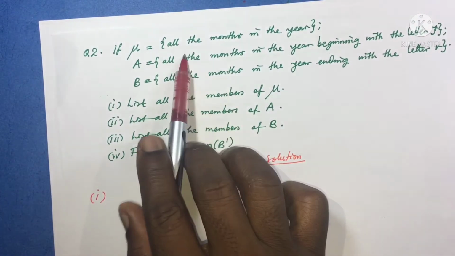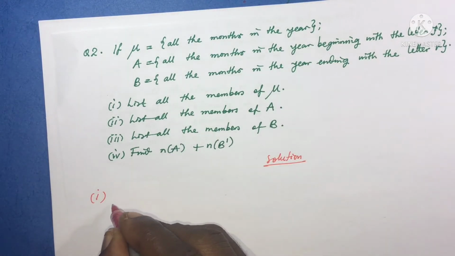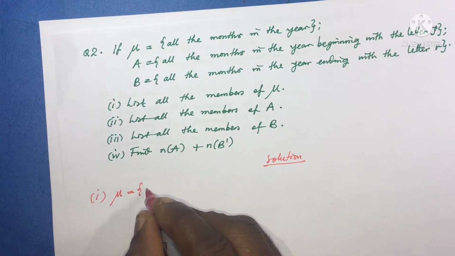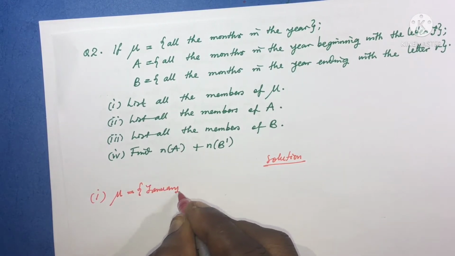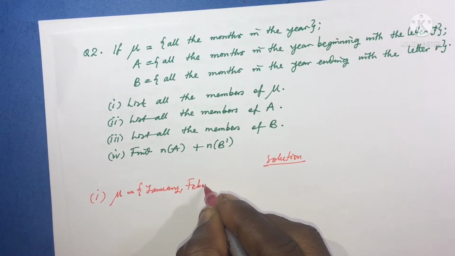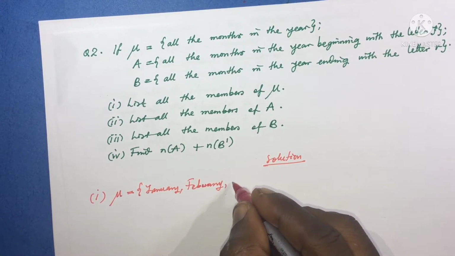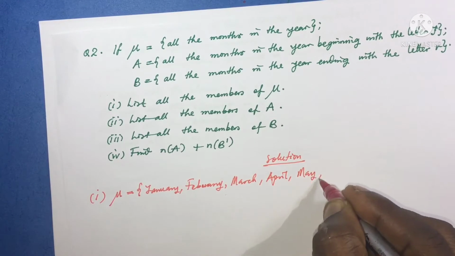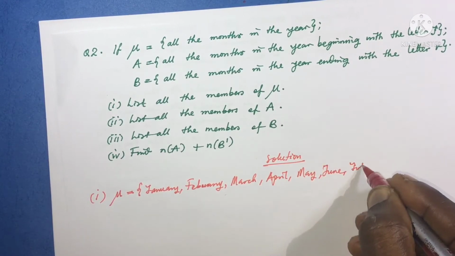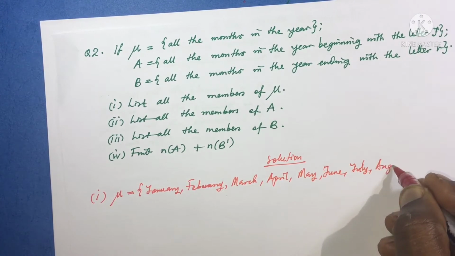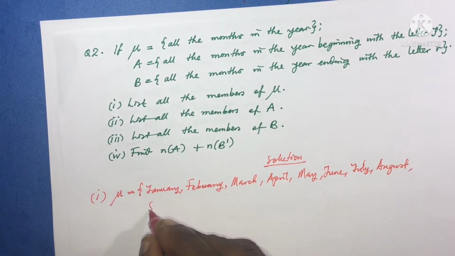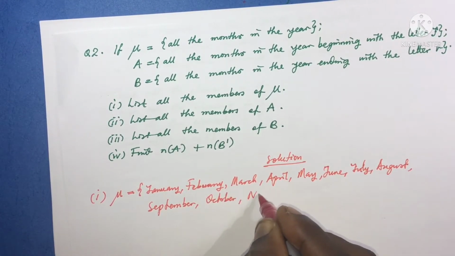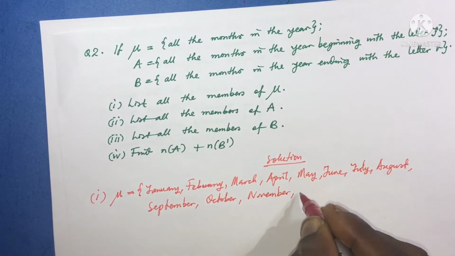Since mu, the universal set, describes all the months in the year, we shall list them. We have January, February, March, April, May, June, July, August, September, October, November, and then finally December.